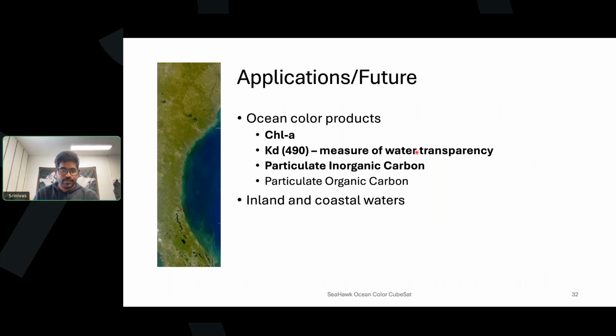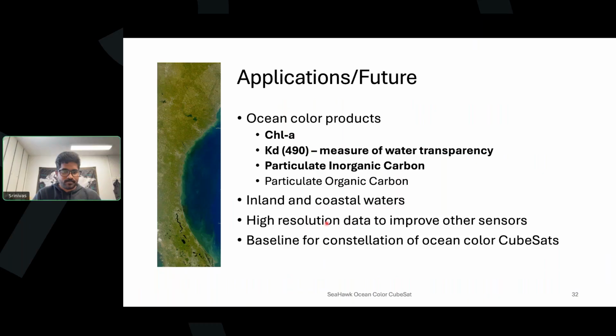The Hawkeye, because of its high spatial resolution of 120 meters, is especially useful in inland and coastal waters, where if you want to image a narrow river, it gives some data as compared to coarse resolution sensors where you do not get enough data. The Hawkeye data is also useful to improve other sensors. So that's what I'm going to talk about in the next few slides.